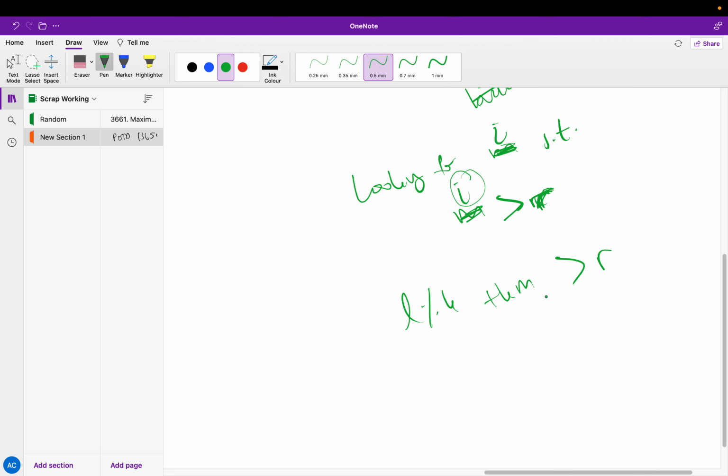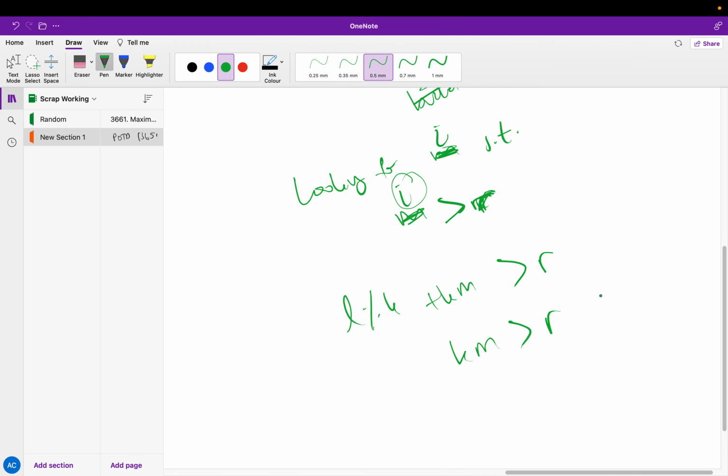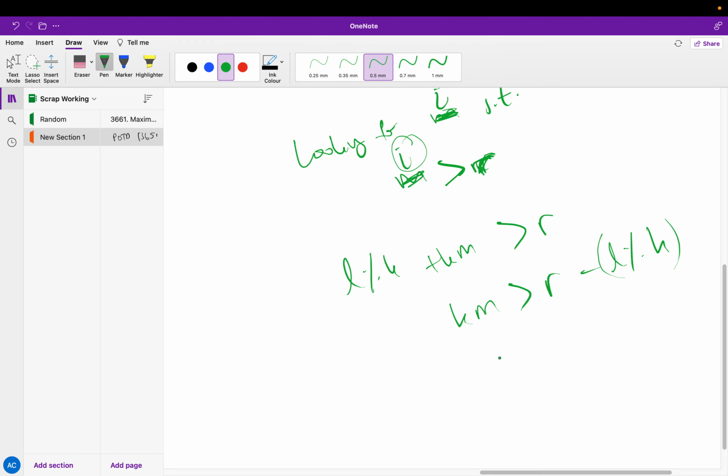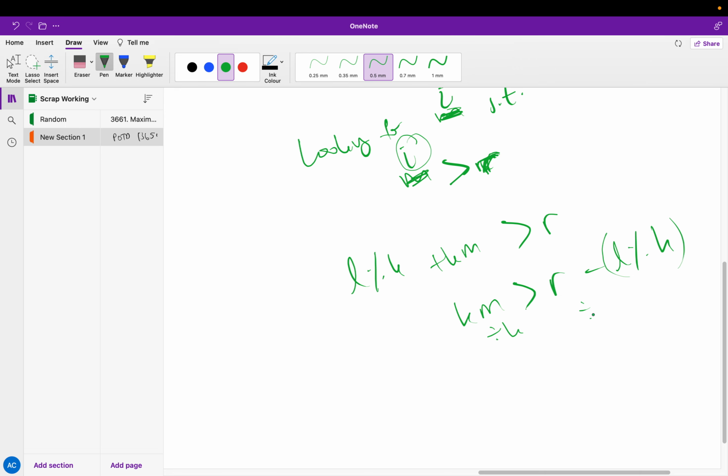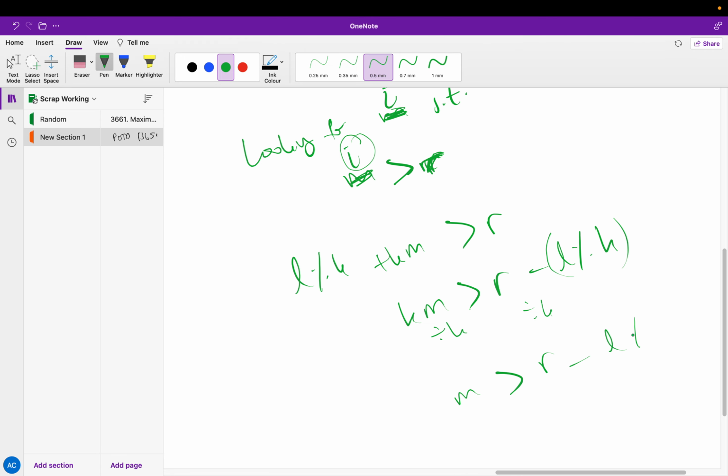So Km should be greater than R minus L mod K, and dividing by K, which is a positive value, M should be greater than R minus L mod K, whole thing divided by K.